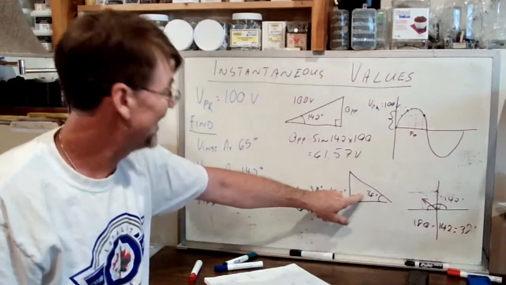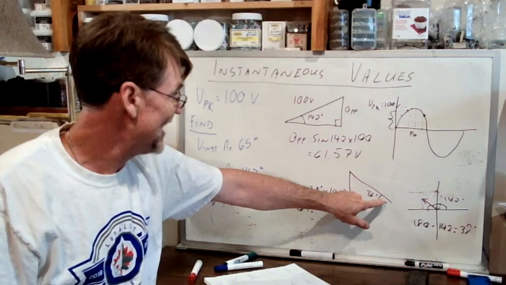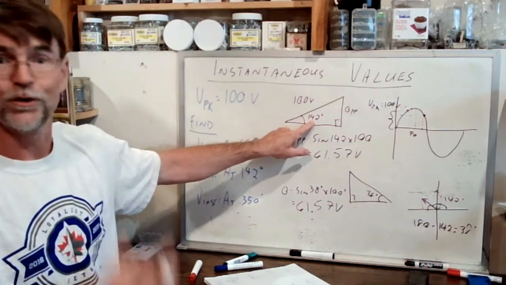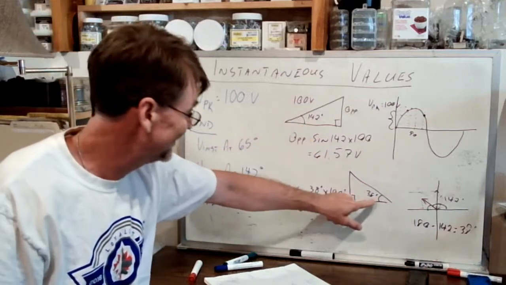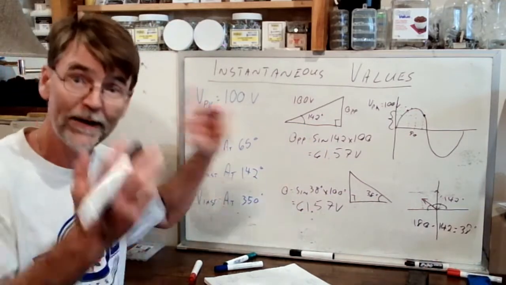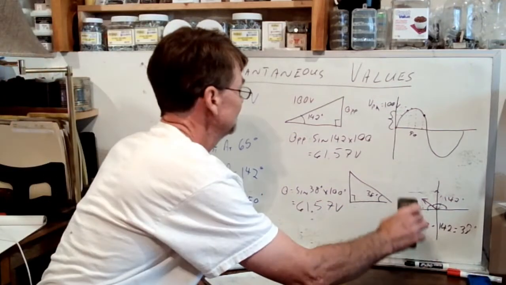Or you can say, hang on a minute, I need an actual right angle triangle, and I need an angle which makes sense, not 142 degrees as an inside angle. I need a real angle that makes sense. No problem. Same answer. It's all good, right? Not quite so fast.